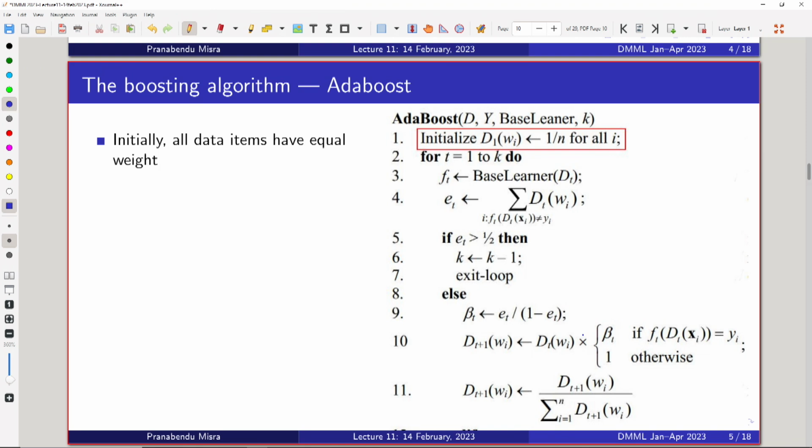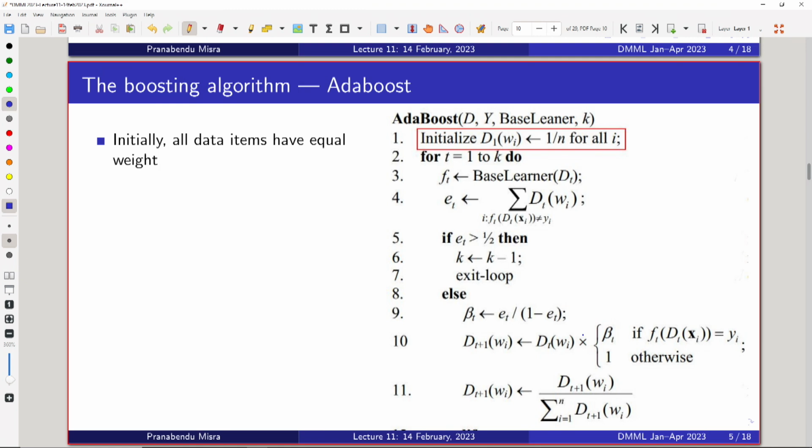After that you see if the error rate is too high, right. At this point you basically just stop because there is not much you can do beyond this point, right. Otherwise, the classifier is better than half. So, you define this number beta t to be the error rate divided by 1 minus error rate, and you update the weights. Here I said you will increase the weights where you made mistakes, but as I said you do not want to blow up the numbers.